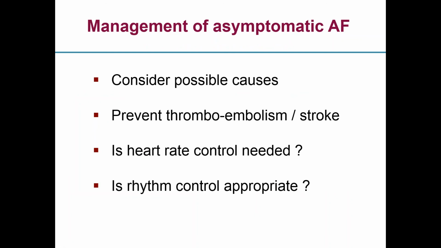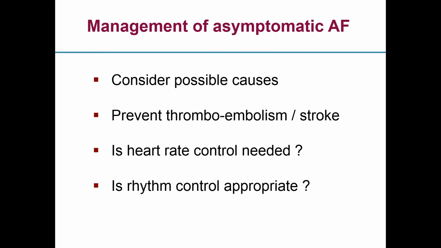So the first thing is, why is the patient in atrial fibrillation? We'll come to possible reasons in a minute, and there's quite a large number of them. The next thing, which is very important, is this patient at risk of having a stroke because of the thrombo-embolic risk that atrial fibrillation carries, and should she be on an anticoagulant?